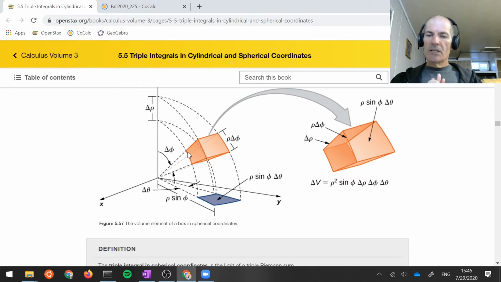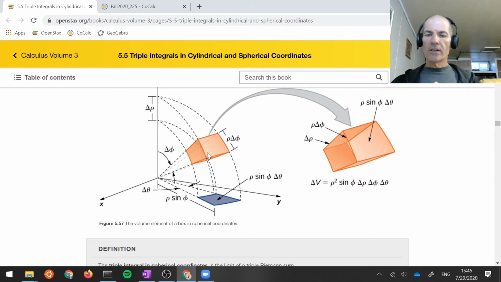The last thing I want to mention before we get into some of the exercises is, just like in cylindrical coordinates, these little volumes depend on where you are in space. If you look at this little volume and you move it towards the origin, you can see that it gets smaller, it gets pinched down. So the volume of that thing is going to get smaller as it goes to the origin. But here's something that doesn't happen in cylindrical coordinates.